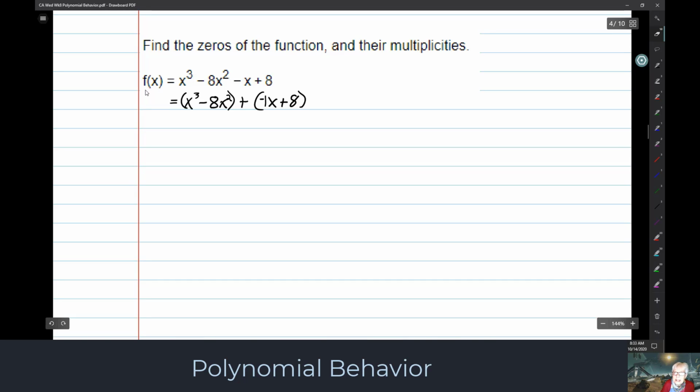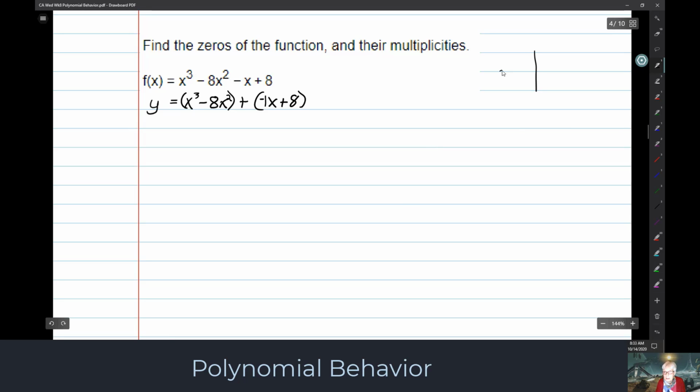F of x is y, isn't it? I'm going to write it as y. That's a very good thing to do with this line, to remind myself that f of x is just y. And we're looking for zeros.